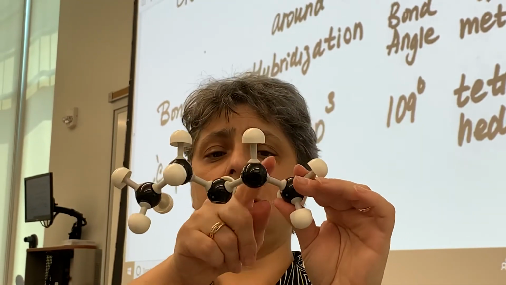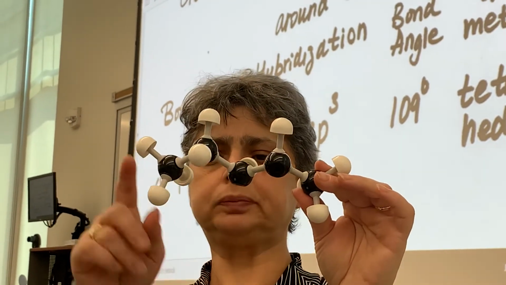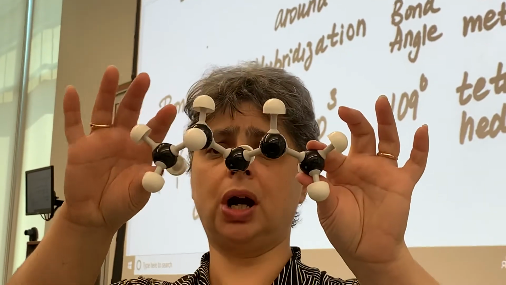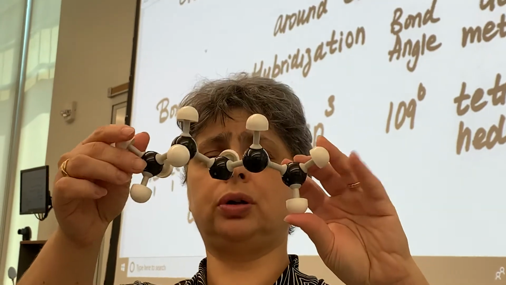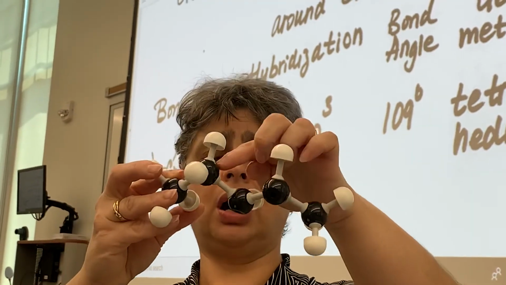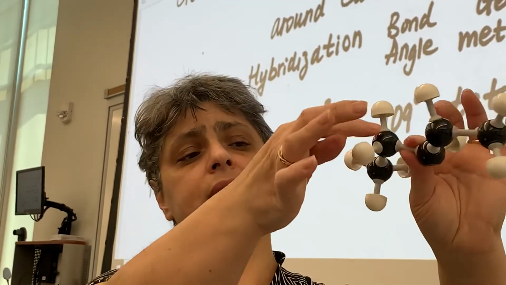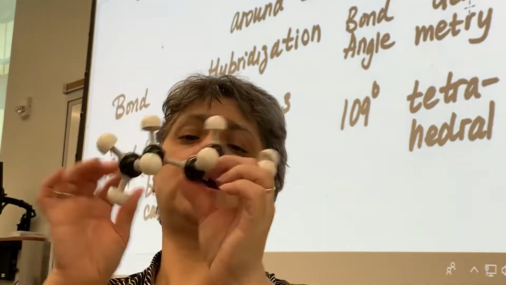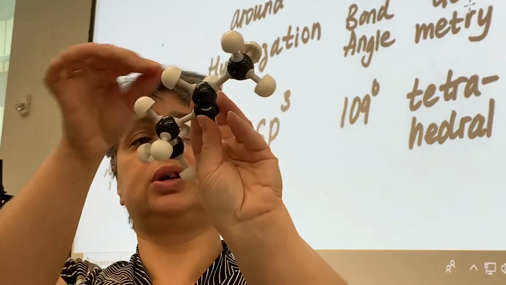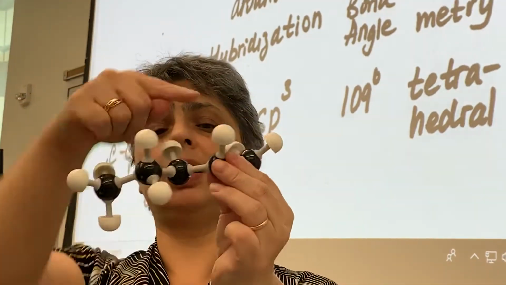And so I have 1, 2, 3, 4, 5. These are terminal carbons, so each carbon has 3 hydrogens attached on the end, and then these carbons in the middle, you'll notice this carbon here has 2 hydrogens, but this carbon here and this carbon here, these two, you can see hopefully they only have 1 hydrogen each.